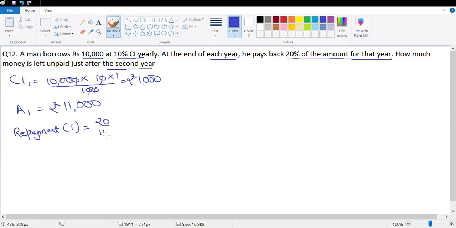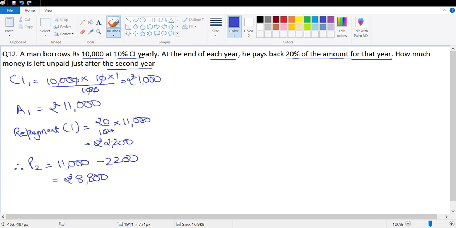So 20 upon 100 into 11,000, which is equal to rupees 2,200. Therefore, principal for second year would be equal to 11,000 minus 2,200, and that's equal to 8,800. Perfect.